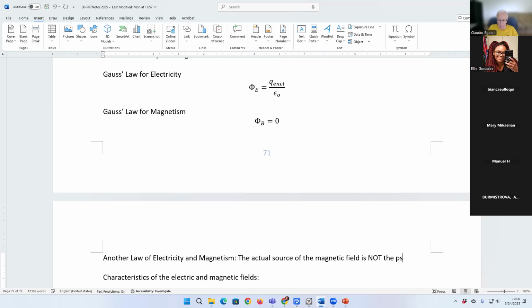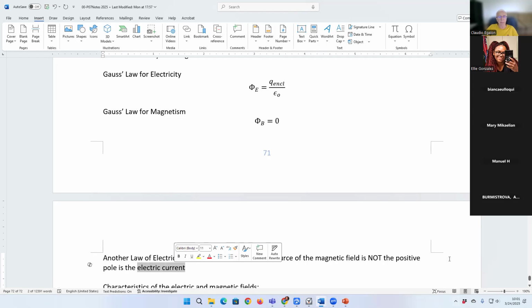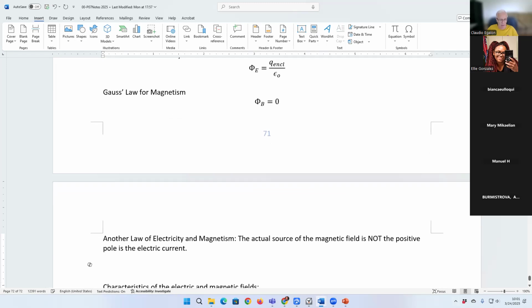If you go into the microscopic nature of matter, the actual source of magnetic field is the electric current, okay? Remember that we haven't made a mathematical statement about that yet, but we're going to make it very soon.